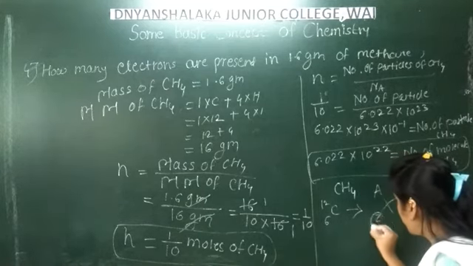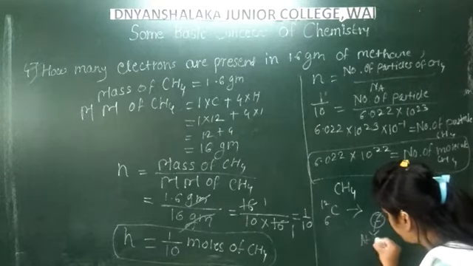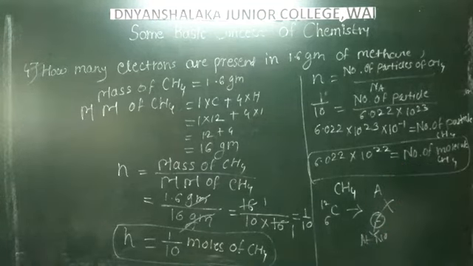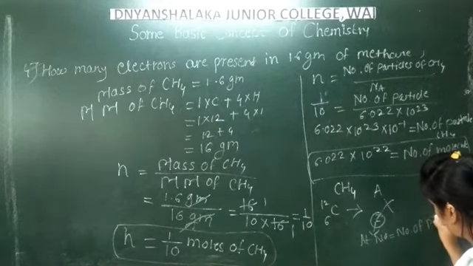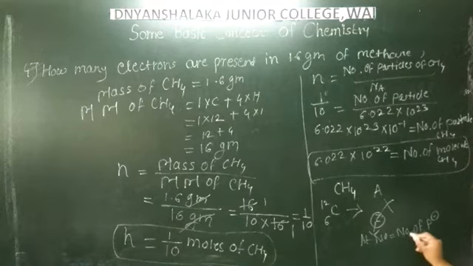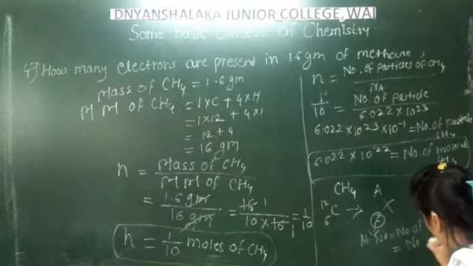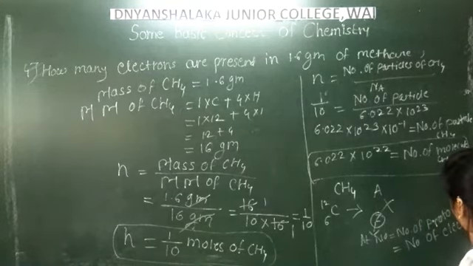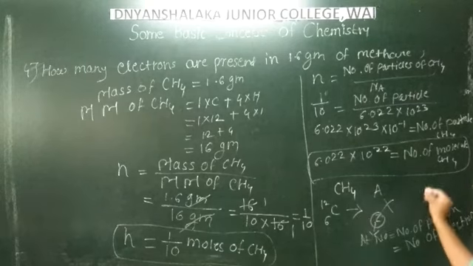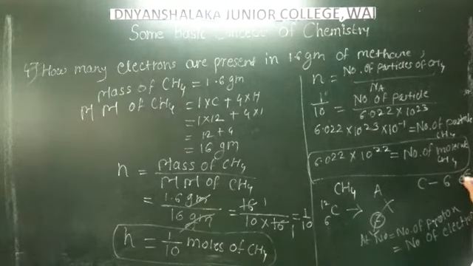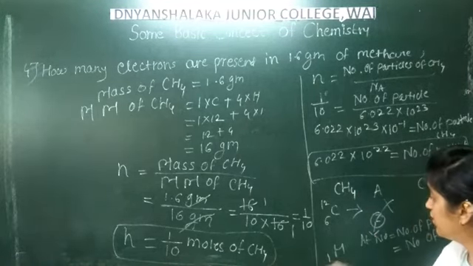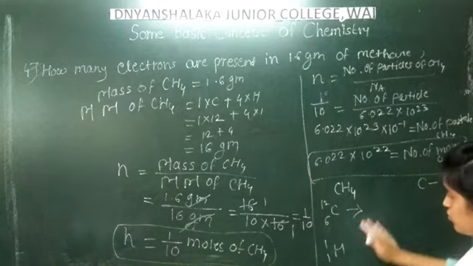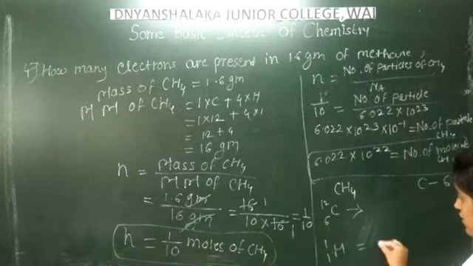The atomic number is equal to the number of protons present in the atom, and the number of protons is always equal to the number of electrons. So the carbon atom has 6 electrons, and the hydrogen atom, with atomic number 1 and mass number 1, has 1 electron.